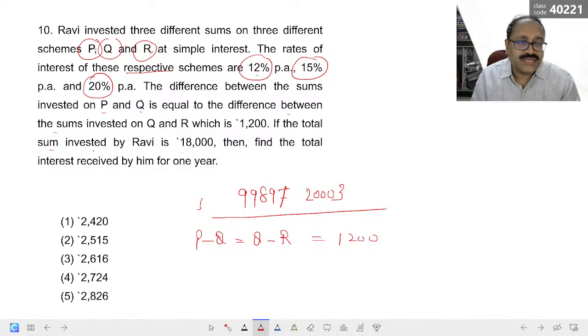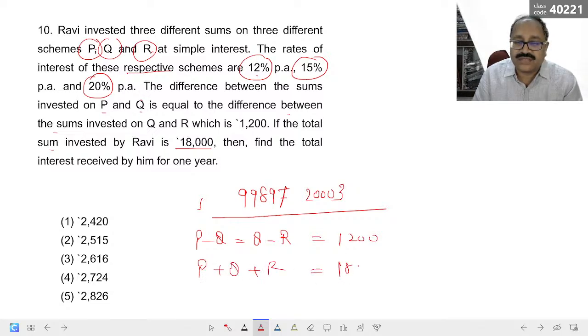If the total sum invested is 18,000, that is P plus Q plus R equals 18,000, then find the interest received from him in 1 year.